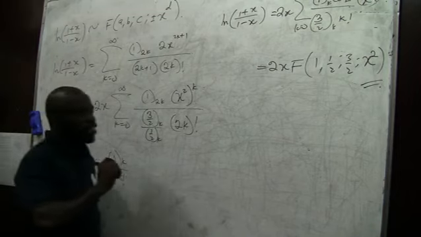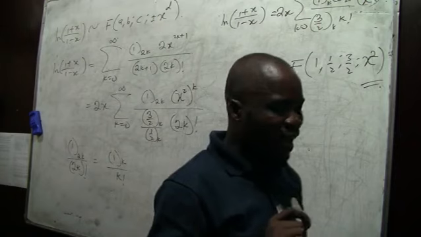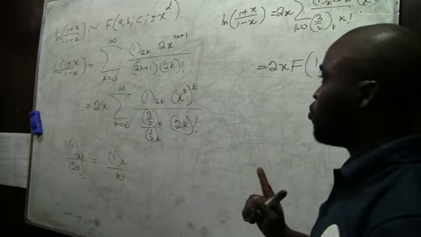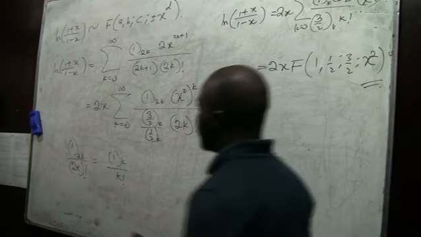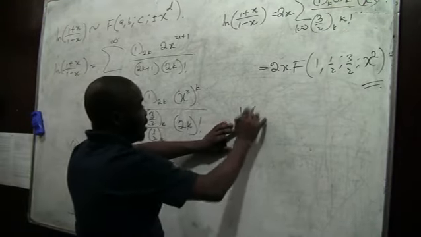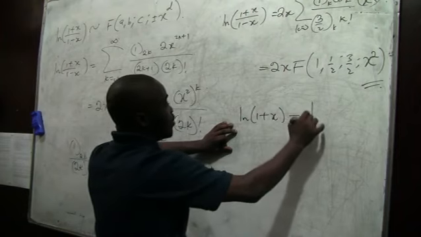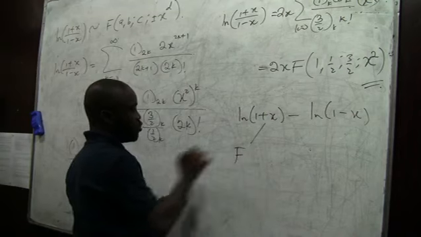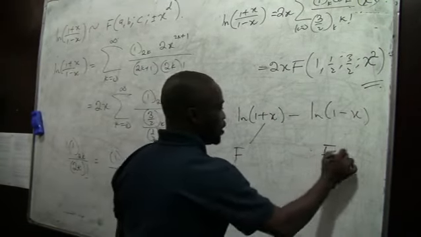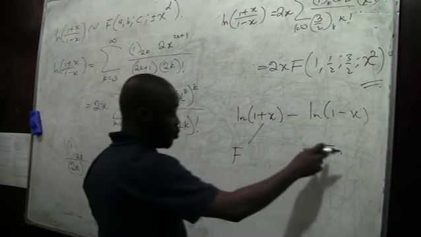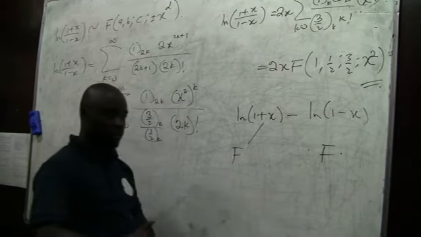Now, it is possible that we attempt this question in another form. The other form of attempting this question is to first write, since we have expanded it as ln(1+x) minus ln(1-x), we represent this one in terms of a hypergeometric function, we also represent this one in terms of a hypergeometric function.